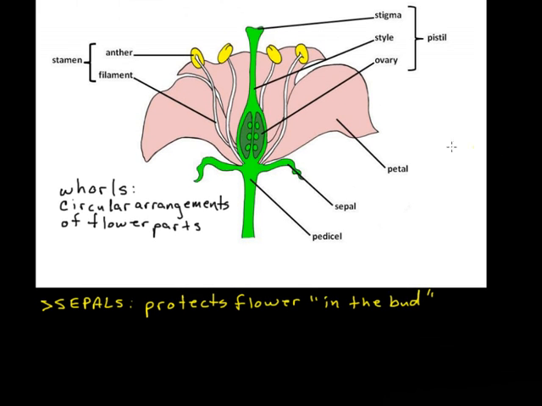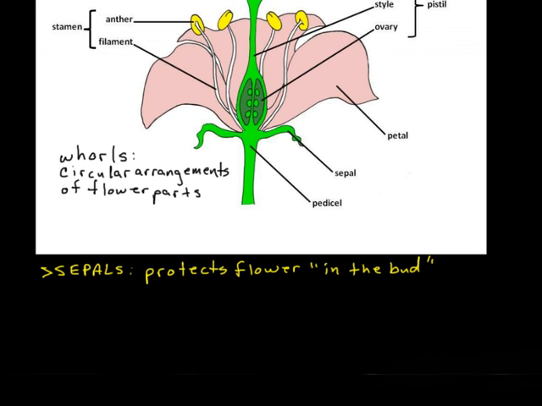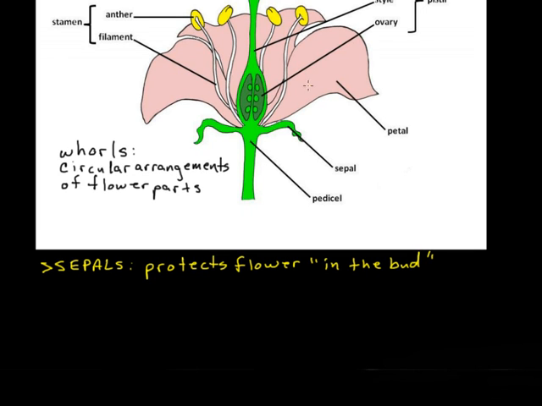Our next whorl on our typical flower here consists of the petals, and the petals are colored pink, as you can see. And in many flowers, not all flowers, but in many flowers, they can be quite showy. They're often colorful.